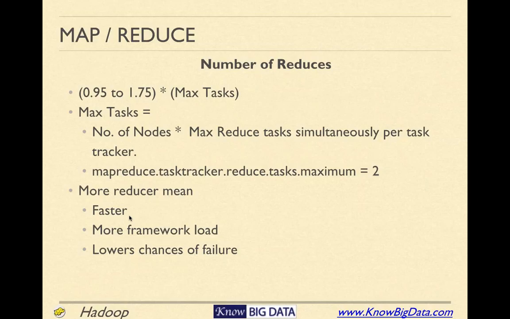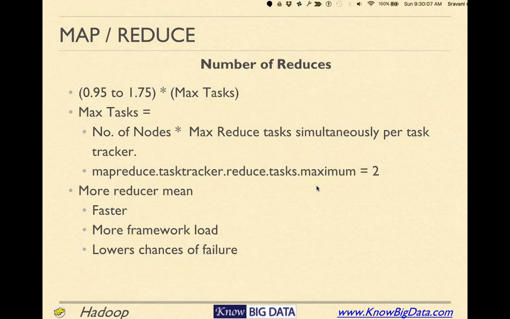If you sum up all such maximum number of tasks each node can execute, the total that comes out is the max task your Hadoop can execute. So max task is equal to number of nodes into map reduce tasks that can be executed simultaneously per task tracker.